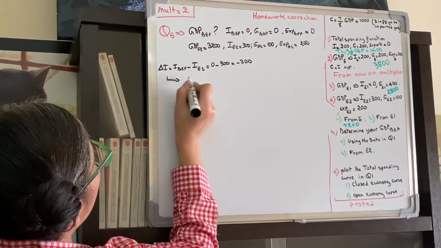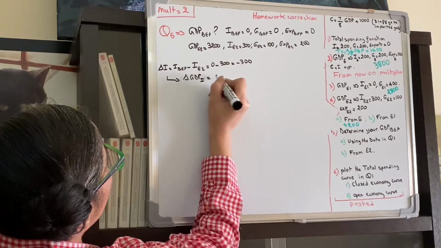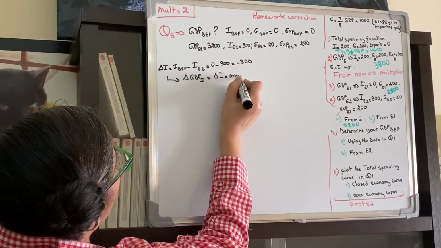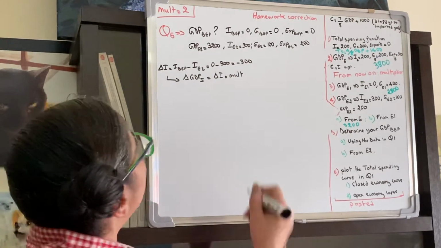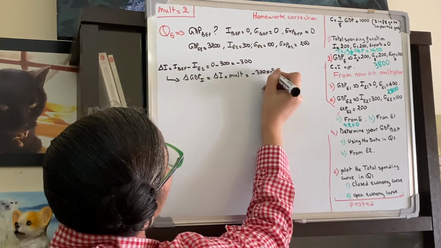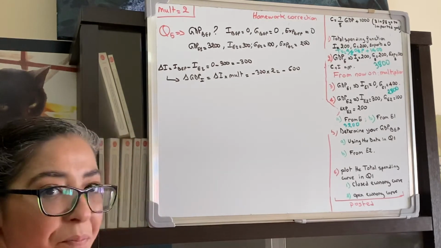So from here, delta GDP due to I is equal to delta I times the multiplier. Ma'am, do we need to rewrite this all the time? Yes, you do. Negative 300 by 2, that would be negative 600. Okay?